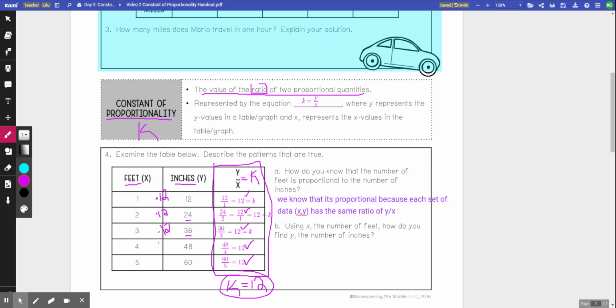Surprise, surprise, 36. And 4 times 12, and that's 48. So basically what you can do here is you can take your x, you can multiply it by your k to give your y. So x times k equals your y. Simple way to find it in a table and use it in a table.